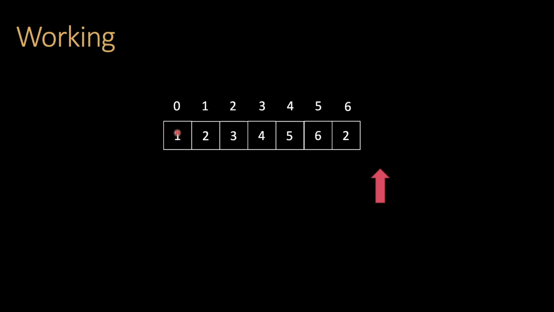See here, value 1, is it equal to 0 plus 1? Yes. We go here. Is 2 equal to 1 plus 1? Yes. 3 is equal to 2 plus 1? Yes. Similarly, we will continue. And here we will check 2 is not equal to 6 plus 1. So this is the repeated element.